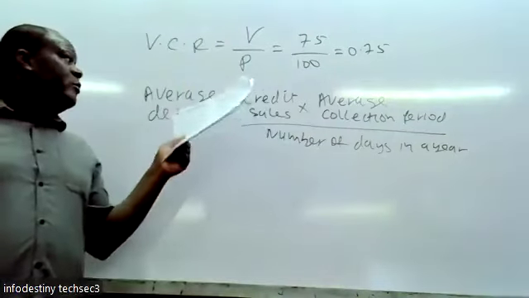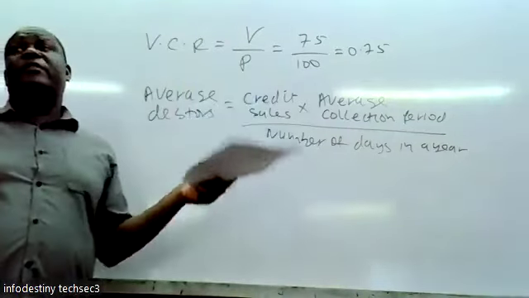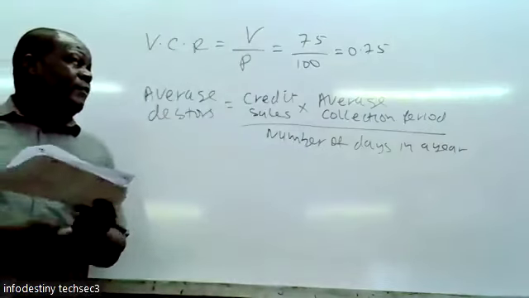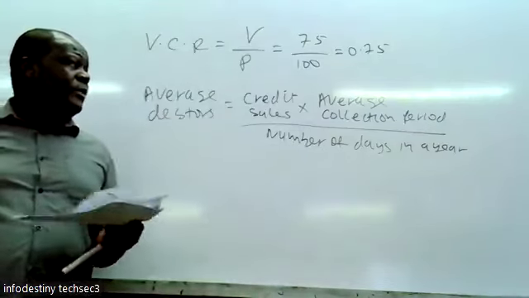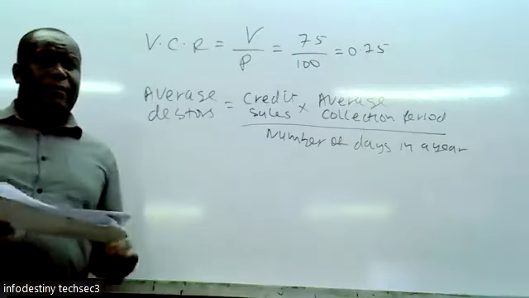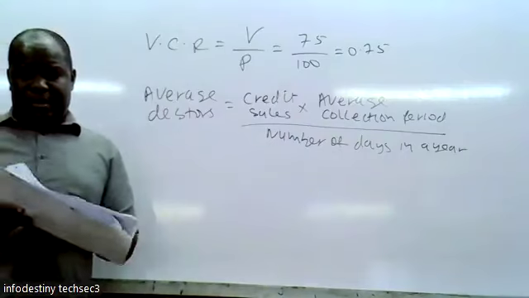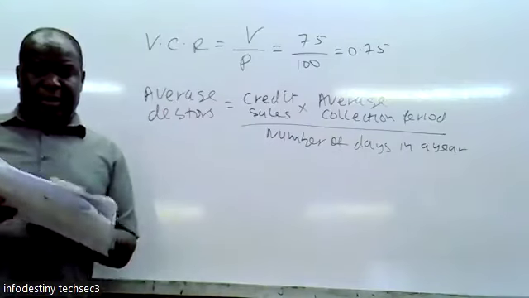So when you are computing the average debtors, you simply take the credit sales multiplied by the average collection period, divided by the number of days in a year.